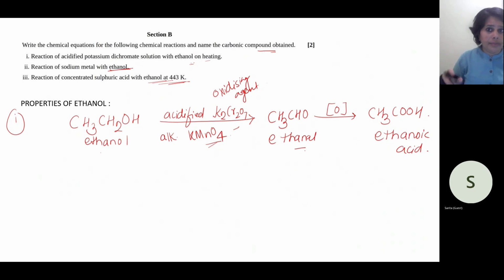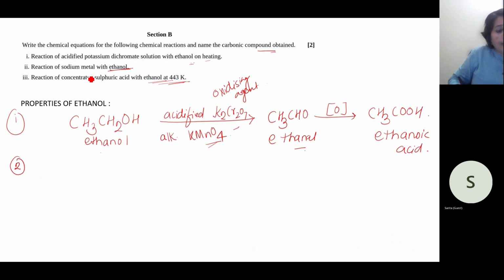So whether it is ethanol, propanol or butanol, suppose it is butanol, after oxidation it will become butanal, and again butanal on oxidation will become butanoic acid. So always remember, very important key: alcohols on oxidation will always give aldehyde, and aldehyde on oxidation will always give carboxylic acid. So you remember this one.